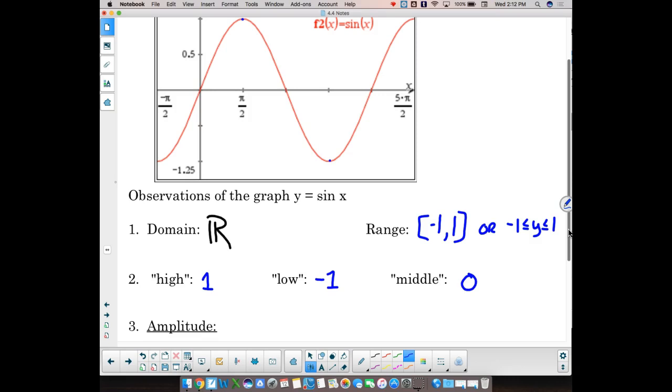The amplitude is the distance from the middle to the high, or the distance from the middle to the low. Okay. That's the amplitude. The distance from the middle up or the middle down. So in this particular case, the amplitude is also 1. Because we start at the middle, we go up to 1, start at the middle, down to 1. That gives us a distance of 1. Okay?